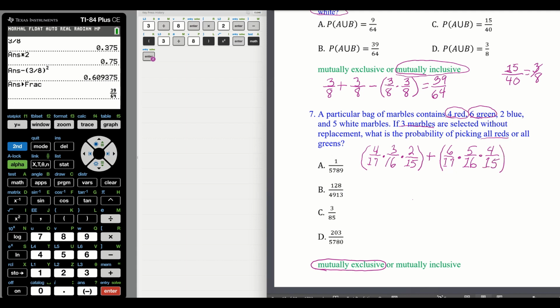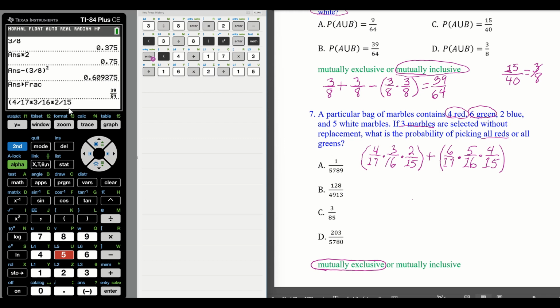Okay, let's put this in the calculator and see what we get. I say we put it all in parentheses for each event. So 4 divided by 17 times 3 divided by 16 times 2 divided by 15. Let's make sure that's correct. Yes. Close my parentheses.